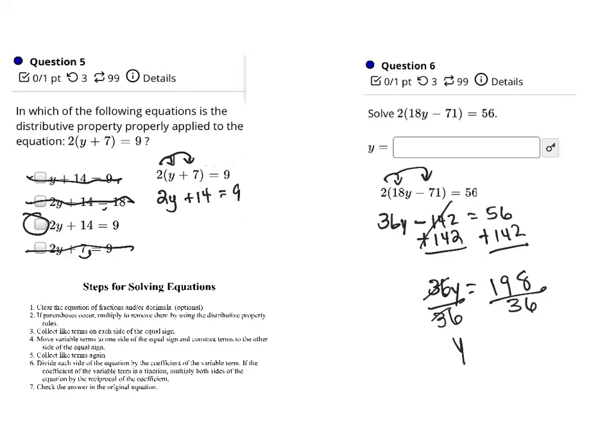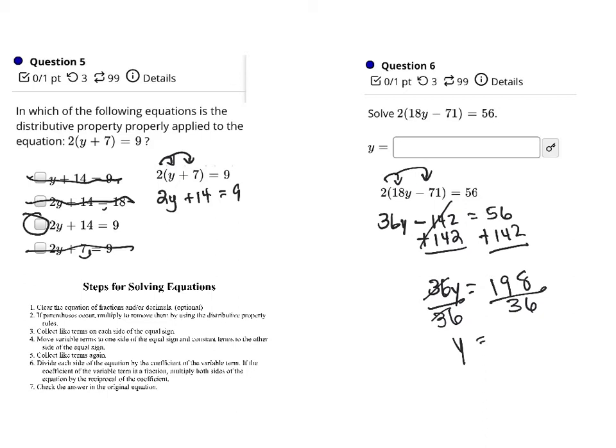Y equals, now 36 won't go into 198 evenly, so we're going to have to reduce it because it doesn't say to round to a decimal number, so we want to have it as a fraction answer. So we know they're both even numbers, so 2 will go into both of them. But is there something bigger? Will 3 go into both of them?